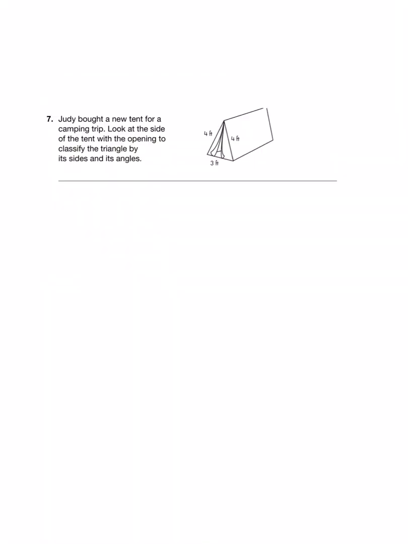Okay, number 7 is a word problem. Judy bought a new tent for a camping trip. Look at the side of the tent with the opening to classify the triangle by its sides and by its angles. So I'm just focusing on this front part of the tent. What do you notice about this triangle shape that I highlighted in red?